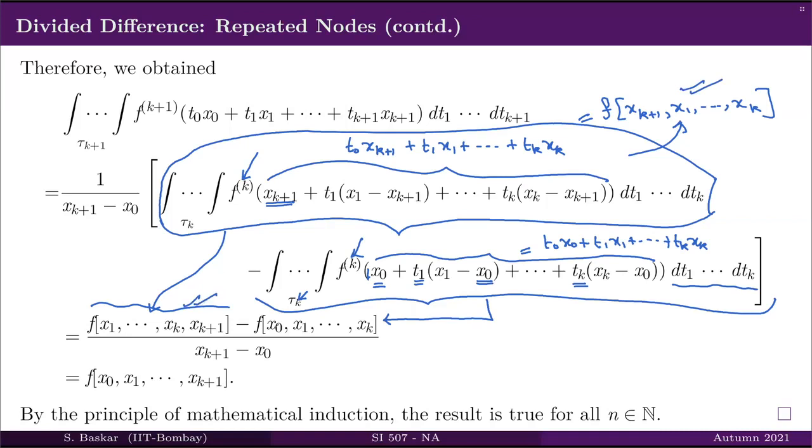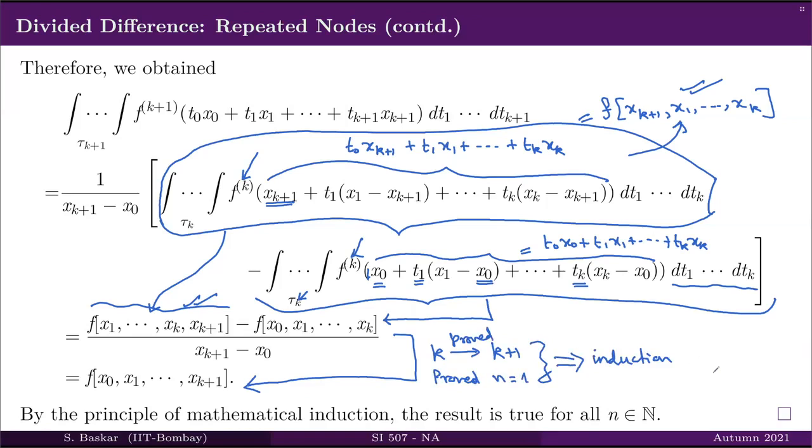And that is precisely the classical definition of the divided difference of f at the nodes x0, x1 up to xk plus 1, right? So this proves the Genocchi formula for k plus 1. That is, assuming k, we proved for k plus 1, and we already proved for n equal to 1. Therefore, by induction, we can conclude that the Genocchi formula is true for any n, and this completes the proof.